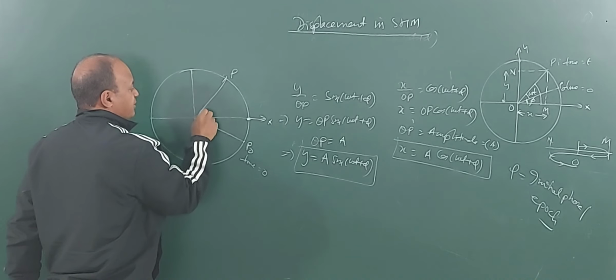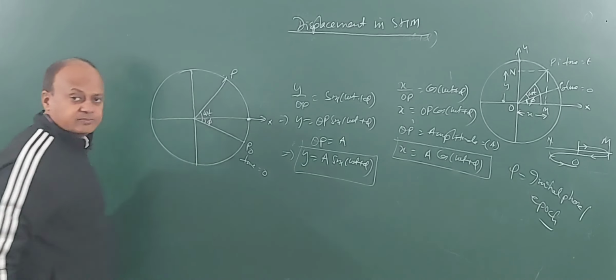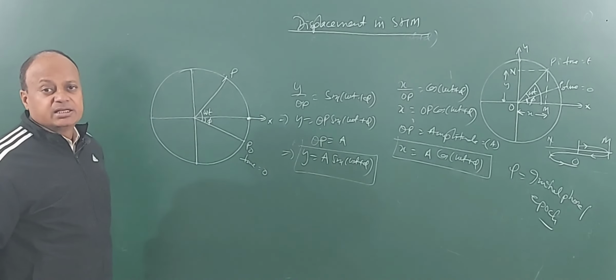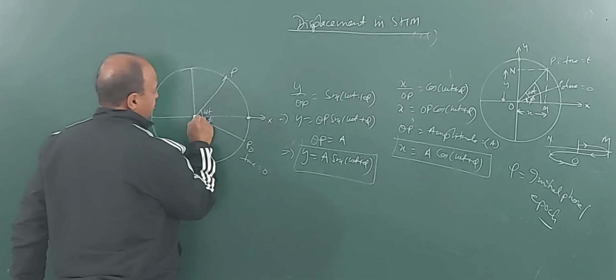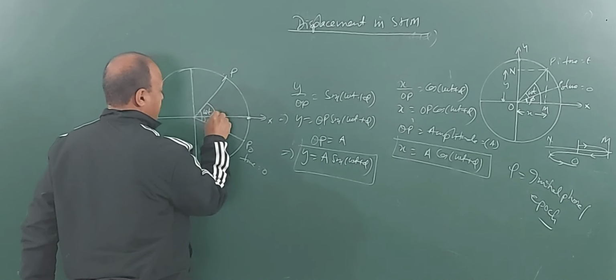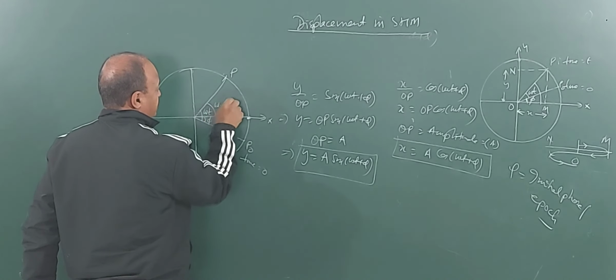So this whole angle will be omega t. But we will be measuring angle from positive direction of x axis. So we will be taking this angle, and how much will this angle be? omega t minus phi.